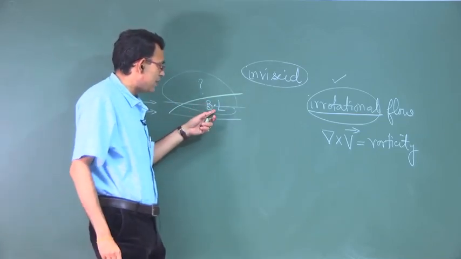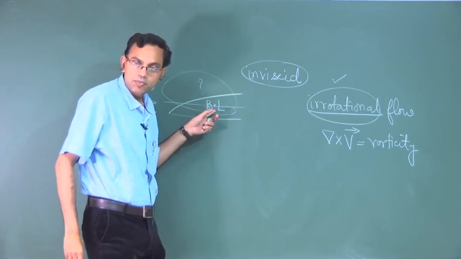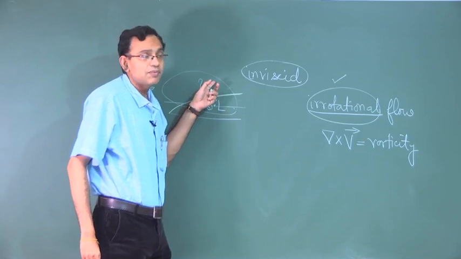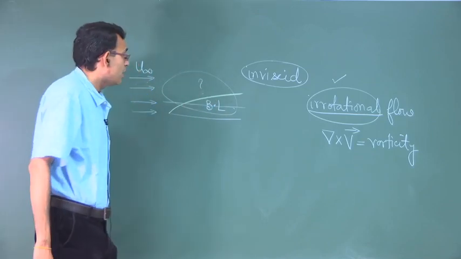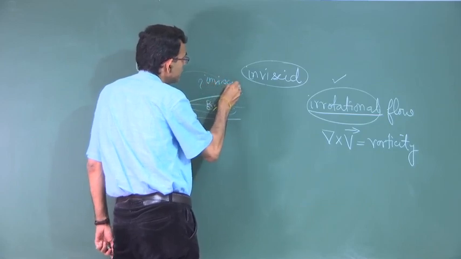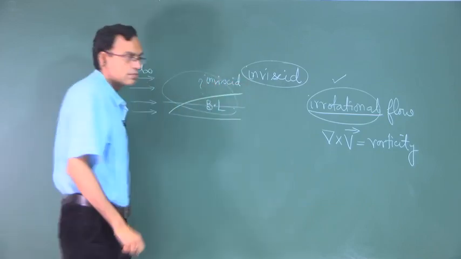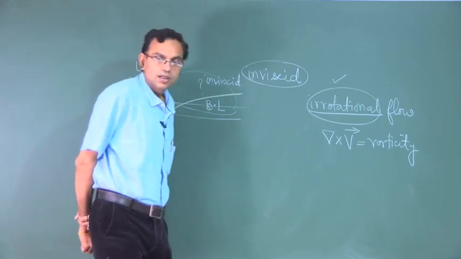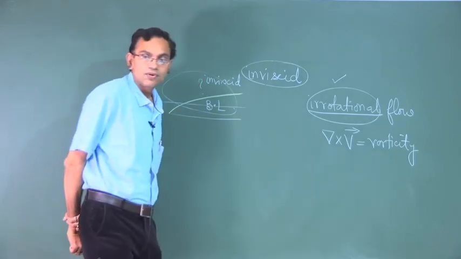So, within this boundary layer the viscous effect is important, outside the boundary layer the viscous effect is not important. That means outside the boundary layer you can treat the flow as inviscid flow.